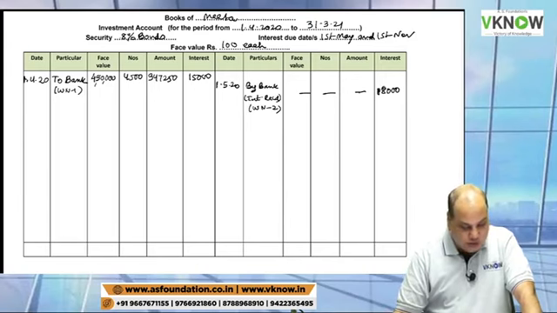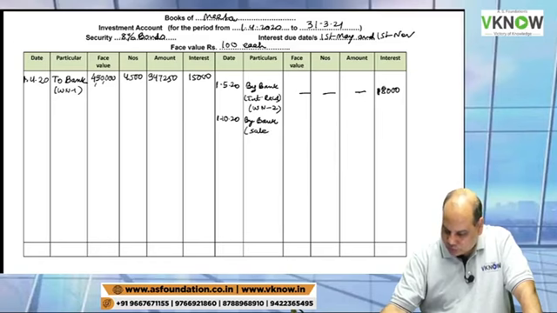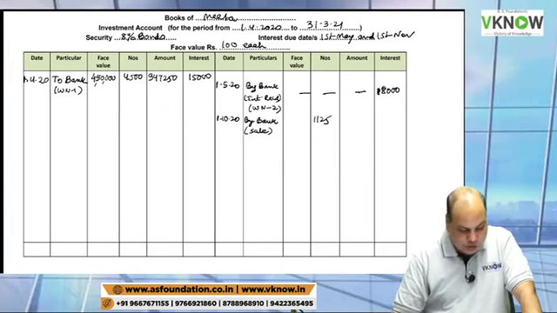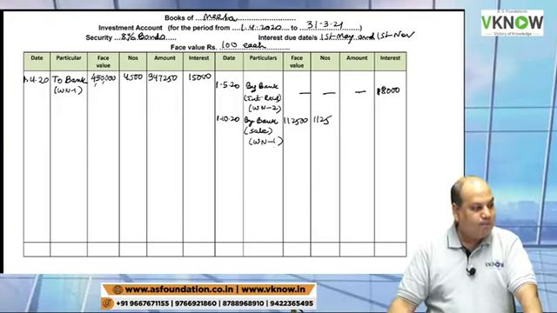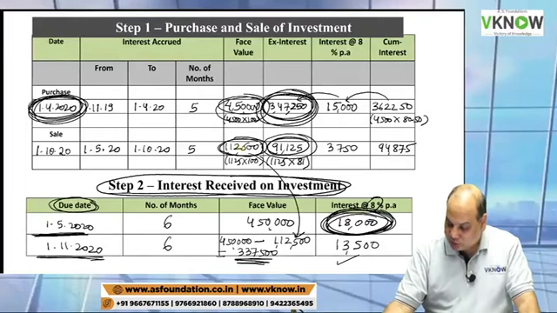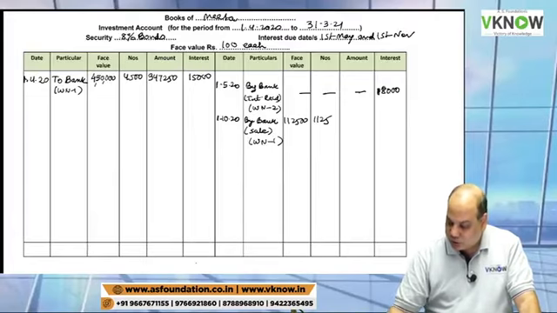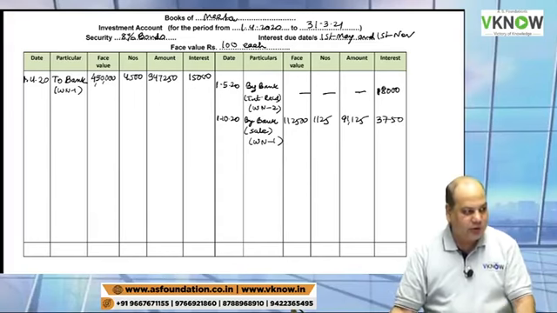Then there is a sale transaction also on 1/10/2020, by bank, sale. In the question you will see 1125 units sold, 112500 face value, and you write here working note 1 again to check the ex-interest value: 91125, and interest is 3750.